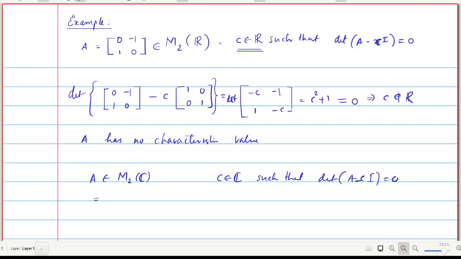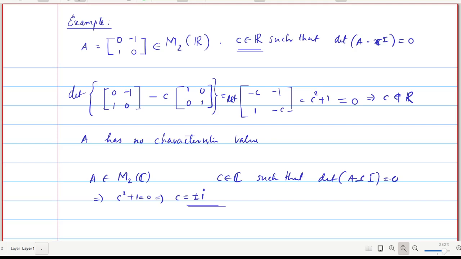But this would imply that C square plus 1 equal to 0. That will imply that C is equal to plus or minus I. This shows that I and minus I are the characteristic values of this matrix A belonging to M2C.